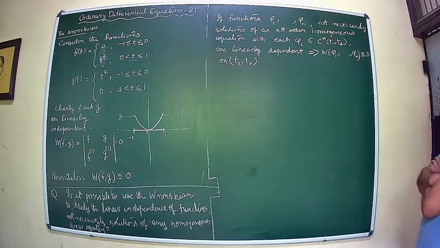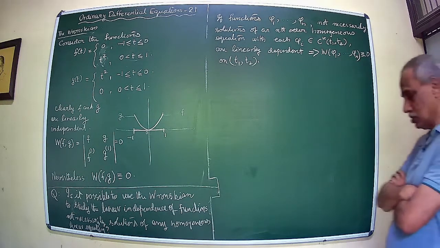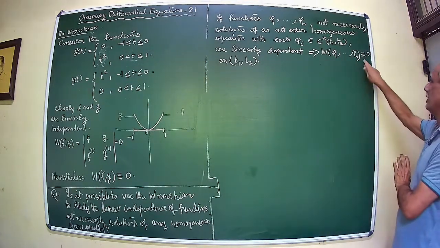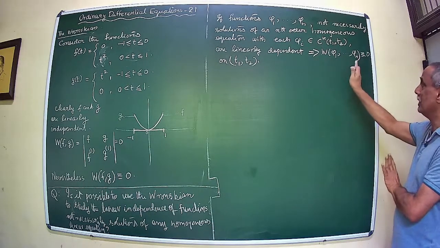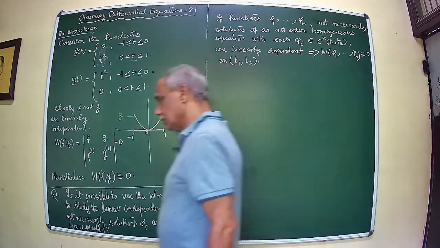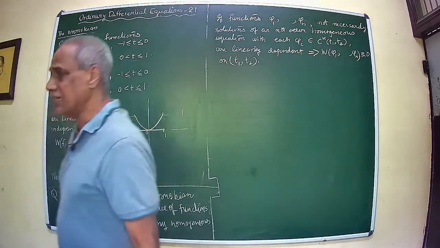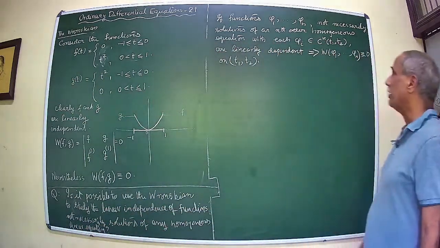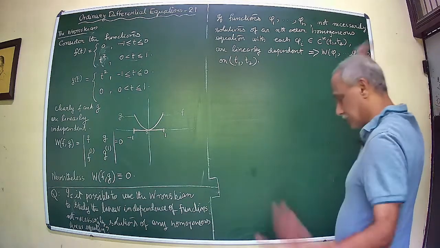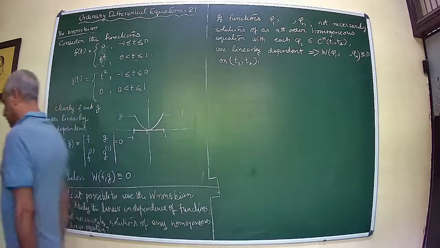If they were solutions of the homogeneous linear equation, then the Wronskian identically equal to 0 would have definitely implied phi 1, phi 2, phi n are linearly dependent. In other words, in those circumstances, the Wronskian would not vanish anywhere on the interval.